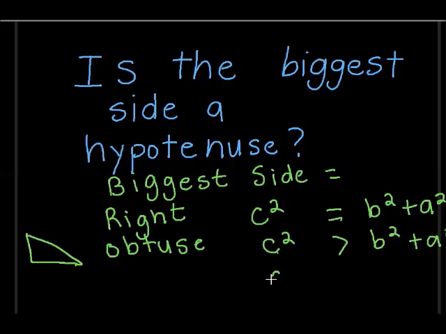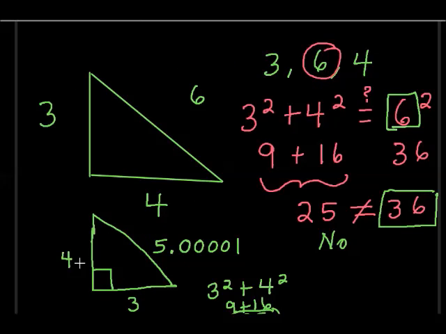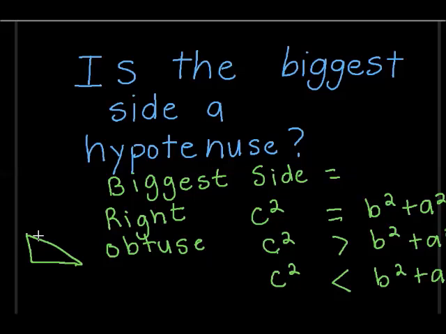If it's smaller, or less than, this is the less than symbol, the other two, that means it's a little bit less. In the case I just had, I did a 3 and a 4 and a 5.0001. Well, what if I had a 3 and a 4 and a 4.99, just a little bit less than 5?